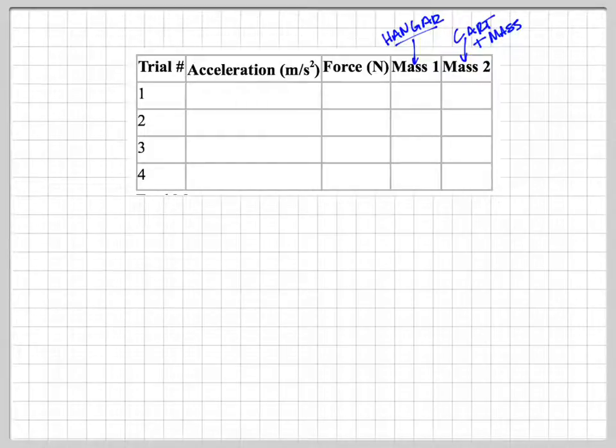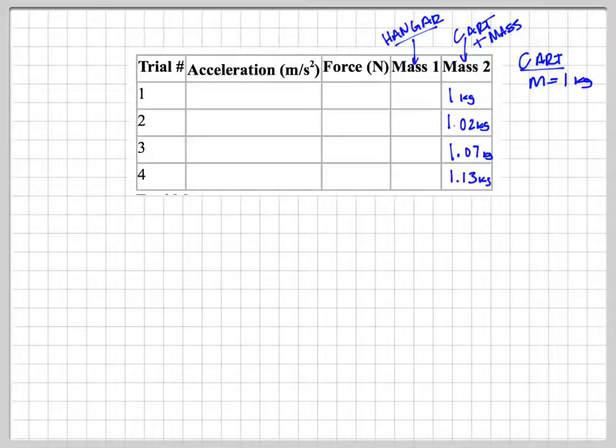Now, it's going to be good to remember that the cart all by itself has a mass of 1 kilogram. So for mass 2, you're going to have something like, and it may not be exactly this, 1 kilogram, 1.02 kilograms, 1.07 kilograms, and then, let's just say 1.13 kilograms.